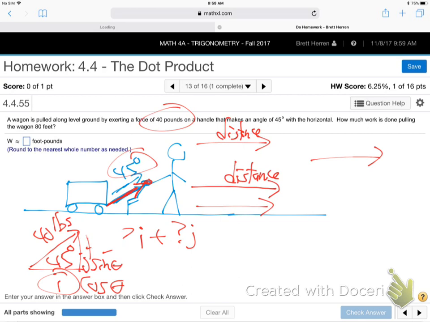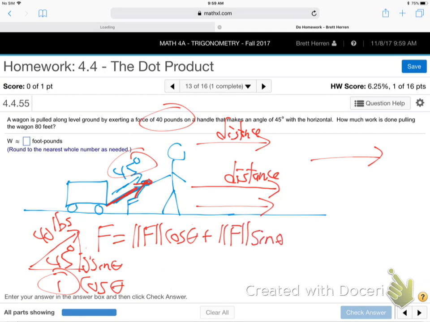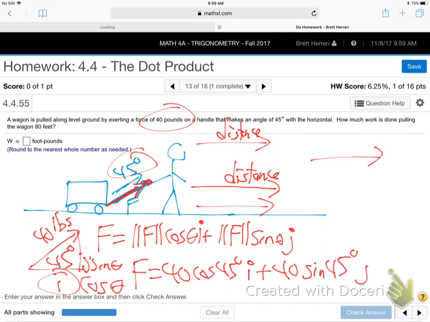So the way you turn any vector into an i, j thing, the force vector will be the magnitude of the force, which is just 40, times the cosine of the angle, i, plus the magnitude of the force, 40 again, times the sine, j. So the force vector will be 40 cosine 45 degrees i plus 40 sine 45 degrees j.